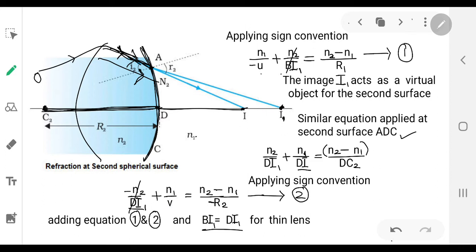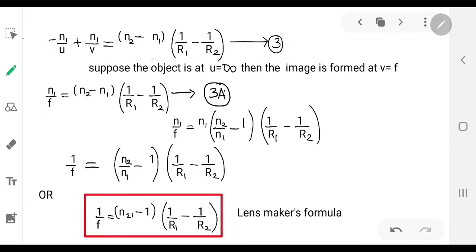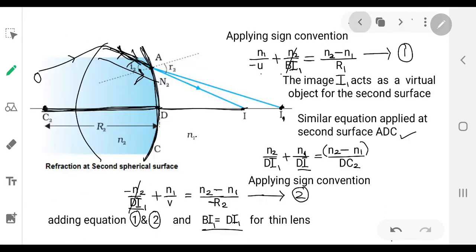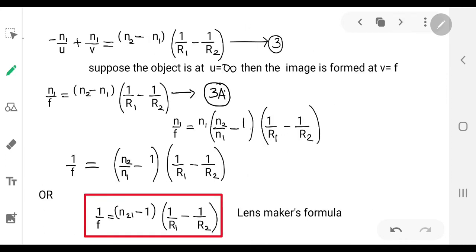On the RHS, it is n2 minus n1 by R1 minus n2 minus n1 by minus R2. If you take n2 by n1 common, you are going to get 1 upon R1 minus 1 upon R2 on the right hand side. Now let us denote this as equation 3.